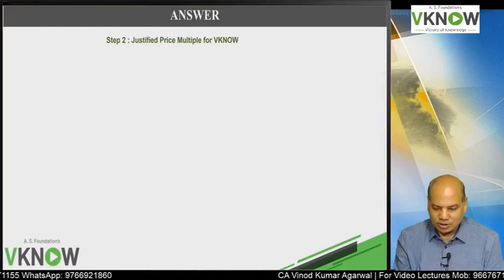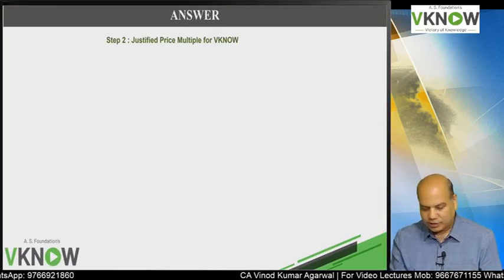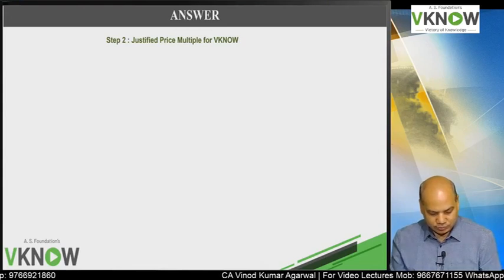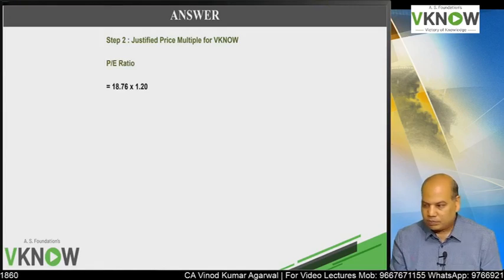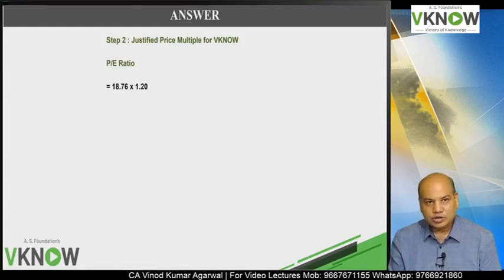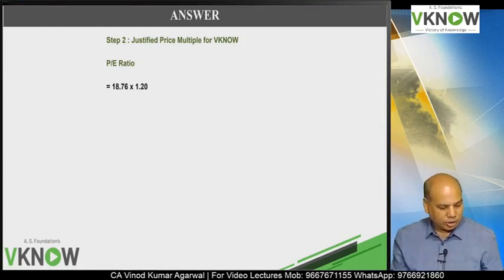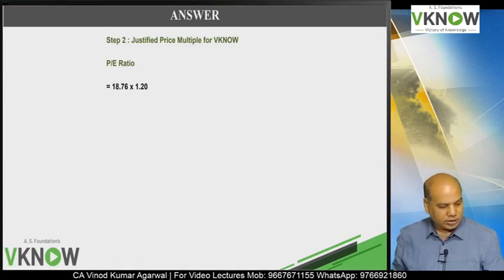Write down step number 2. Justified price multiple for Vino. Under that, write down P/E ratio equal to whatever is the industry average, I will take 20% more than that.